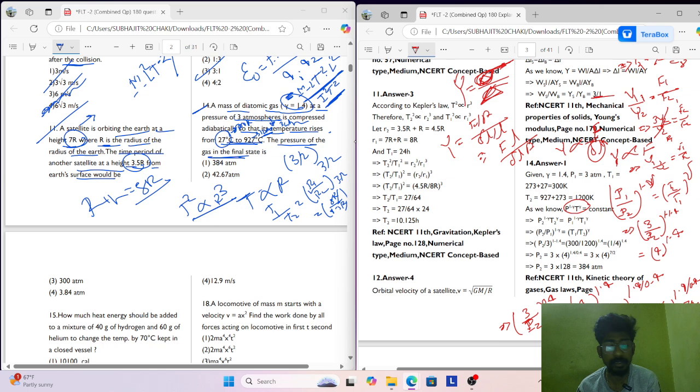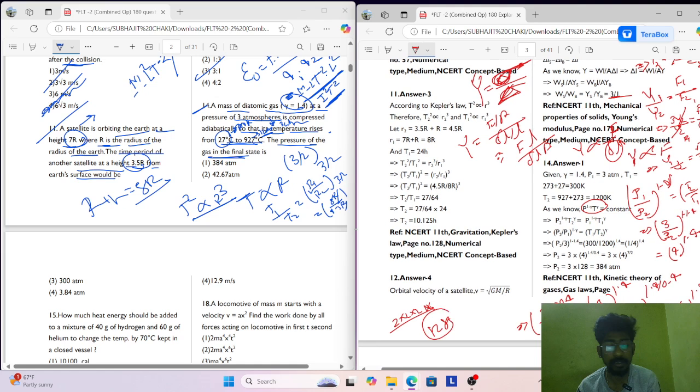So root over 4 will be 2, 2 to the power 7. 2 to the power 7 equals what? 128, right? 128 into 3 will be 384. So therefore the answer will be 384.